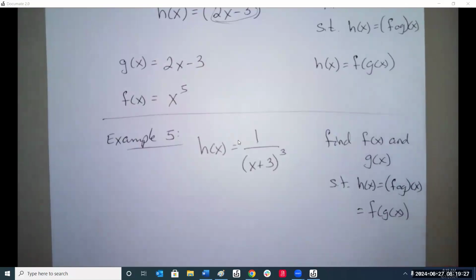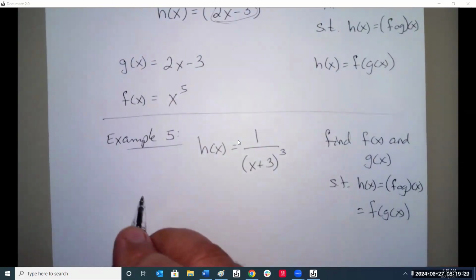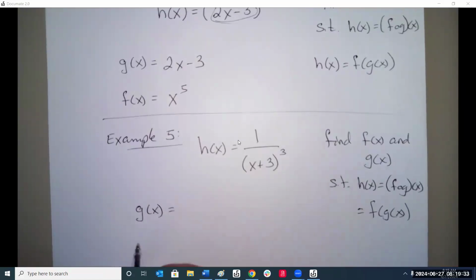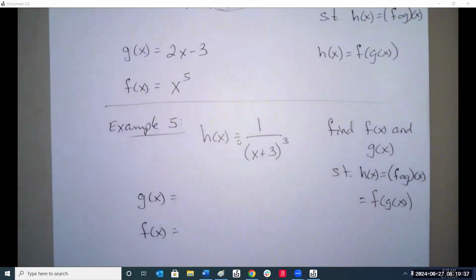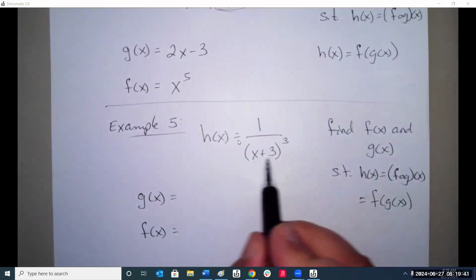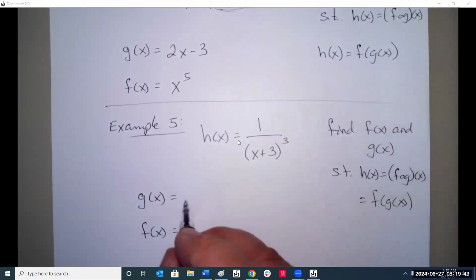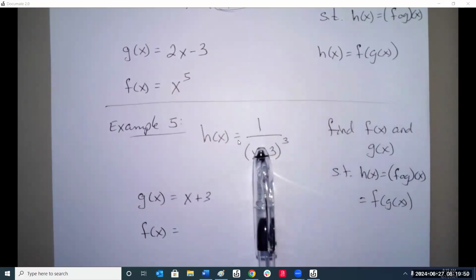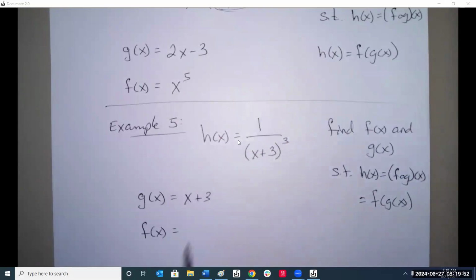So we're looking for g of x to be the inside function. So which function is inside another function? Well, we see this one's inside the parentheses, so that's the inside one. So if we make that into x, what's our other equation? 1 over x cubed.